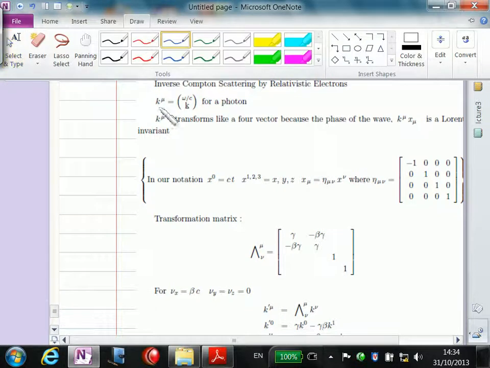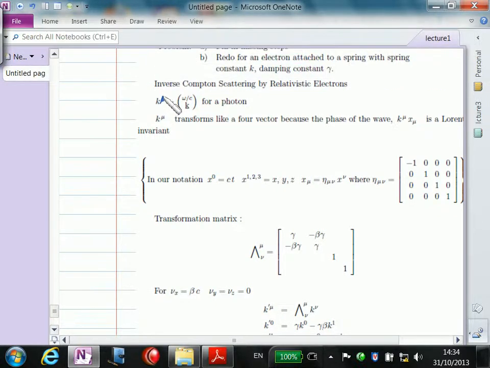Yes, because it's covariant. And this k would be a vector: omega over c. You can have k with the mu on top, but then it would be minus omega over c.